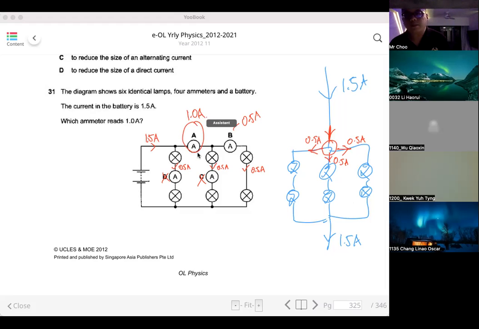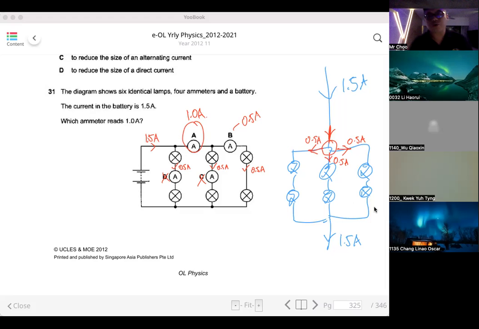Is that clear? Then do you all know why my initial drawing is not correct? Because the ammeter A is not where it is. It's not here. I actually shifted this point all the way to the center, so it's a bit not very clear.